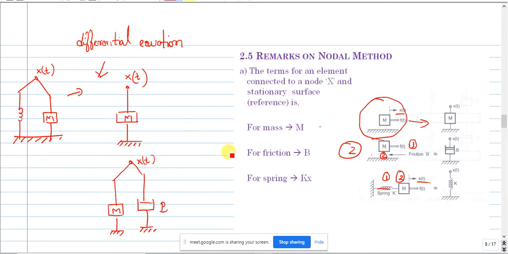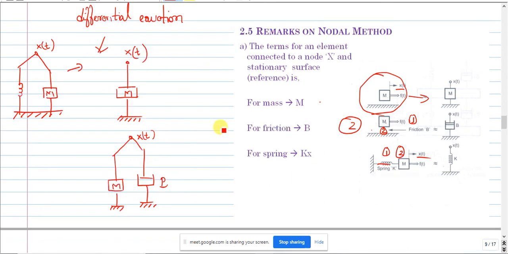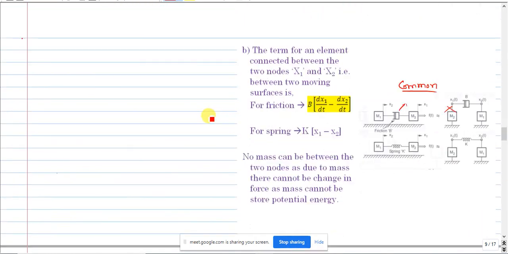So let me move on to the next page. Yeah, so this is one set of example where you can see mass m1 and m2 and there is a friction in between. So I will just represent mass m1 and I have a friction followed by m2.